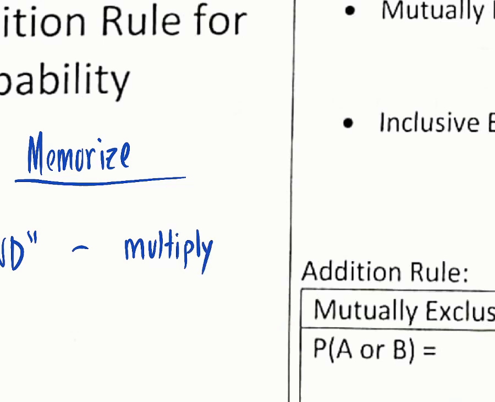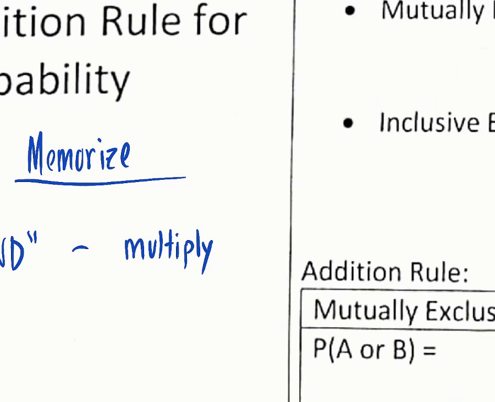It's like yesterday. Remember how I kept saying multiple events, we multiply? If you go back and look at those problems, I guarantee you it had the word and in it. Why? Because if I'm trying to figure out the probability of this and this happening, those are multiple events. So when you see and, you're multiplying.